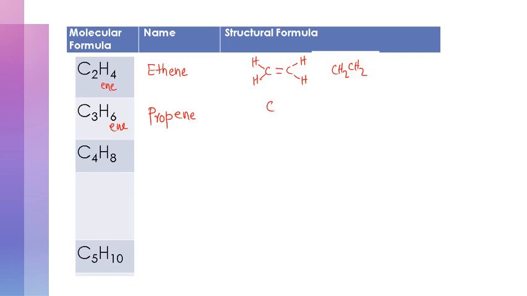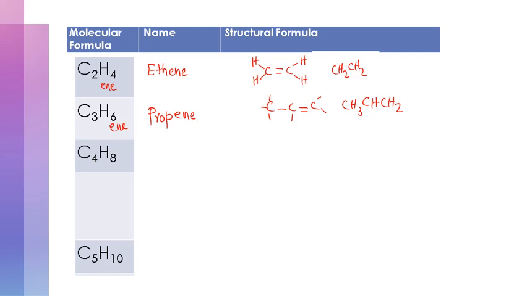So that means I have 3 carbon atoms. It did not mention on which carbon, so I'm going to put it here. So 1, 2, 3, 4, 5, 6 hydrogen. So CH3, CH, CH2.